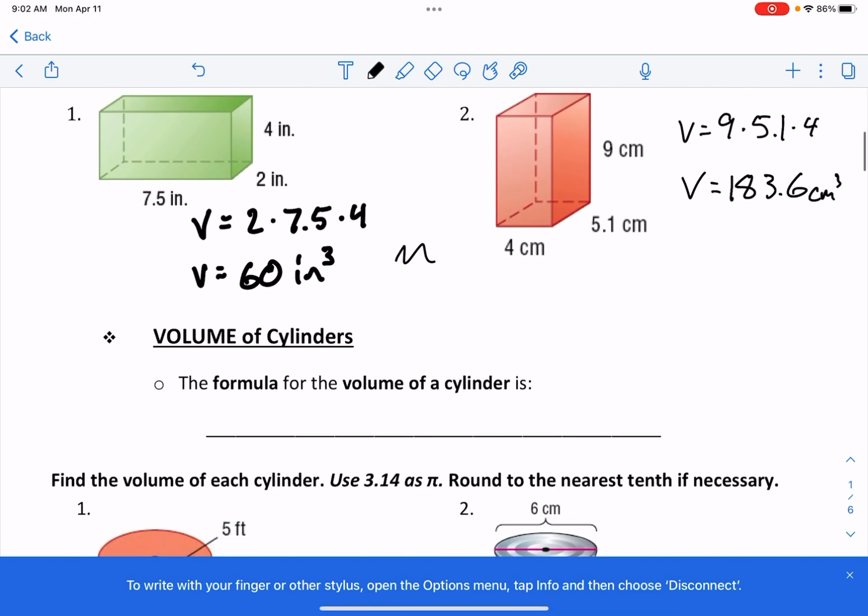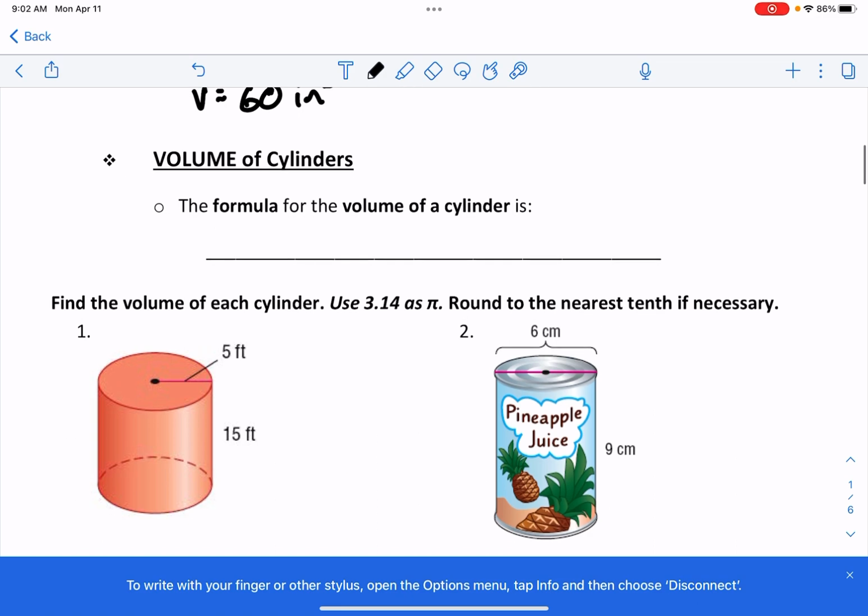All right, so the volume for a cylinder, a cylinder being like a can of soup like we see down here. Volume of a cylinder is not much more difficult, a little more going on, but all we got to do is plug in and follow the right steps. So we have pi times the radius of our circle squared times the height of whatever we're dealing with.